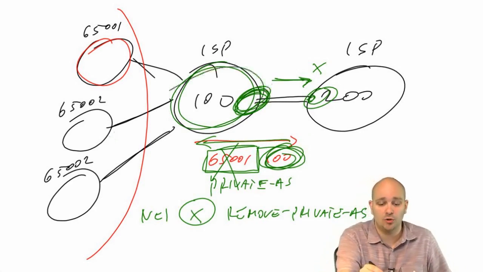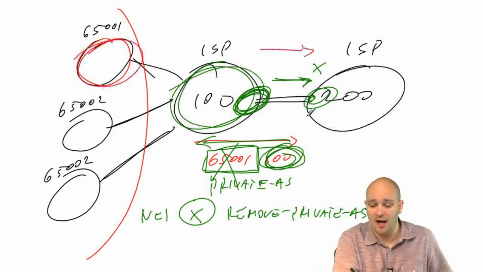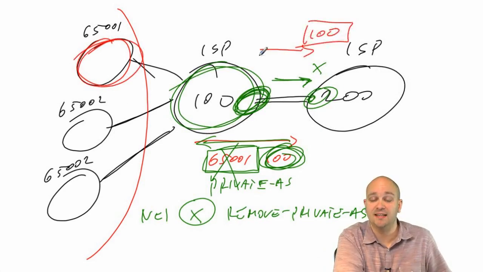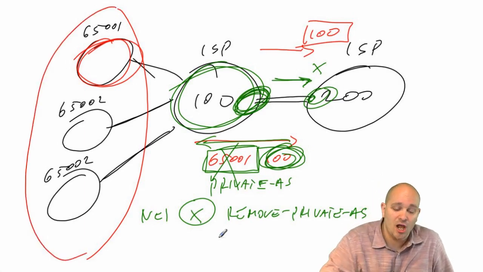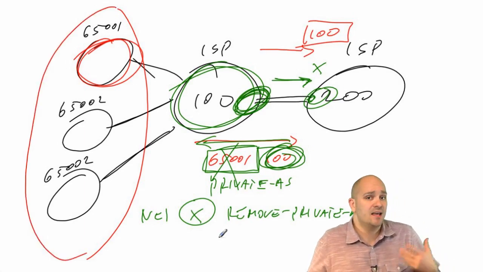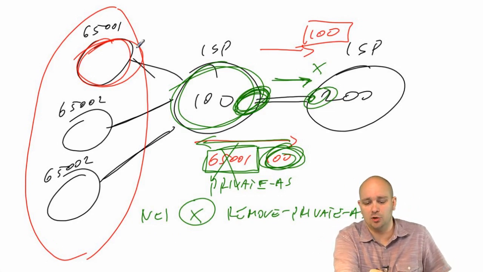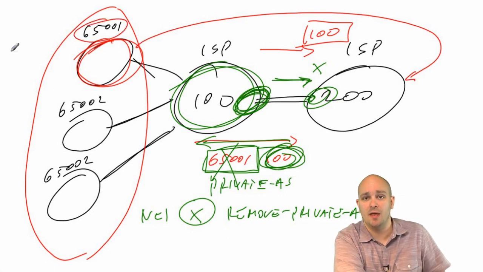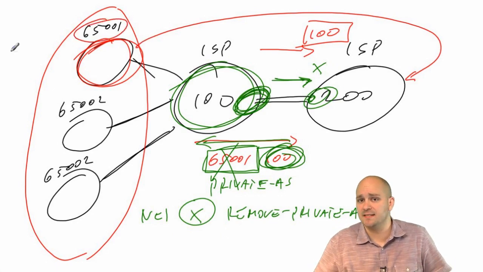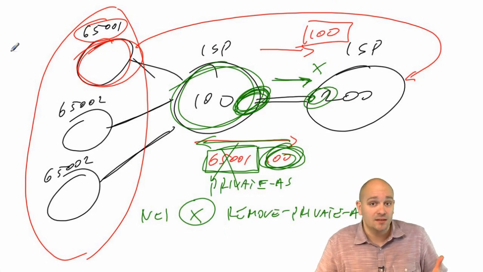So effectively, when we advertise the route for 65,001 to our ISP 200, what we are going to be advertising is simply the fact that this is coming from AS 100, which in a sense is correct because these here are not real autonomous systems. They are private autonomous systems. If these networks here wanted to be multi-homed to multiple ISPs, in that case, this would warrant them going to ARIN or RIPE NCC or APNIC or whatever regional internet registry and actually obtaining their own autonomous system.